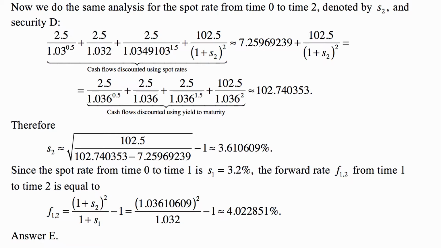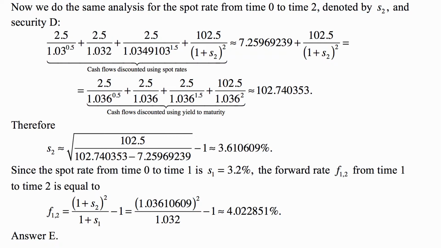And then on the right-hand side here, we write out the same cash flows and discount them at the yield to maturity. And again, remember, yield to maturity basically means one interest rate such that if you use it to discount all cash flows of a bond, you get the price of the bond. Well, that's what we do here, and we get the price of the bond to be 102.740353.